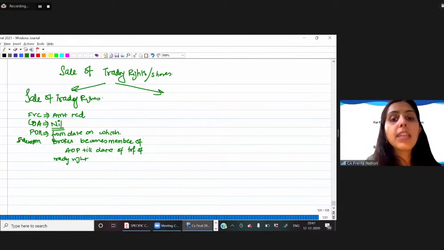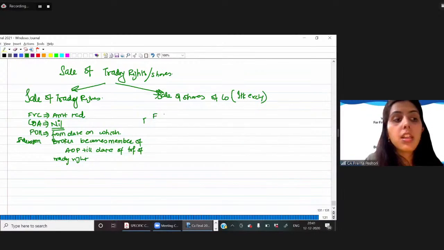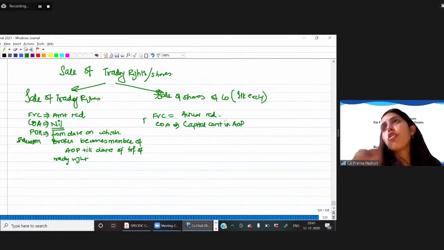When you sell the shares of the company, which is the stock exchange, what will be the FVC? FVC will again be the actual amount received. Cost of acquisition will be the capital contribution in AOP, because you never contributed in shares.